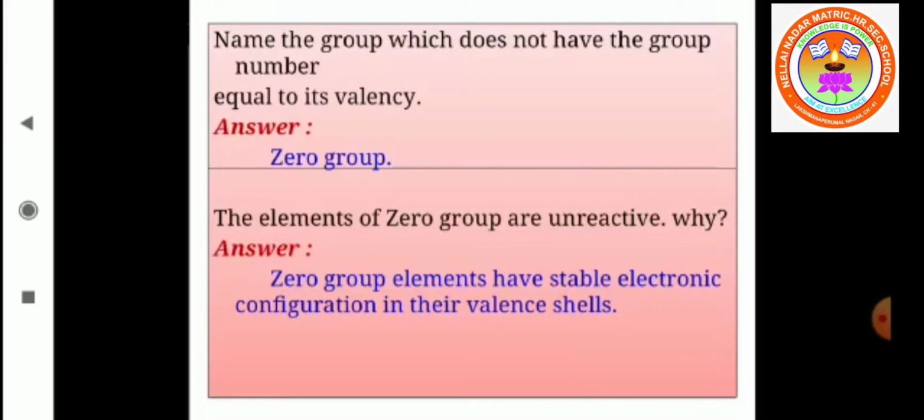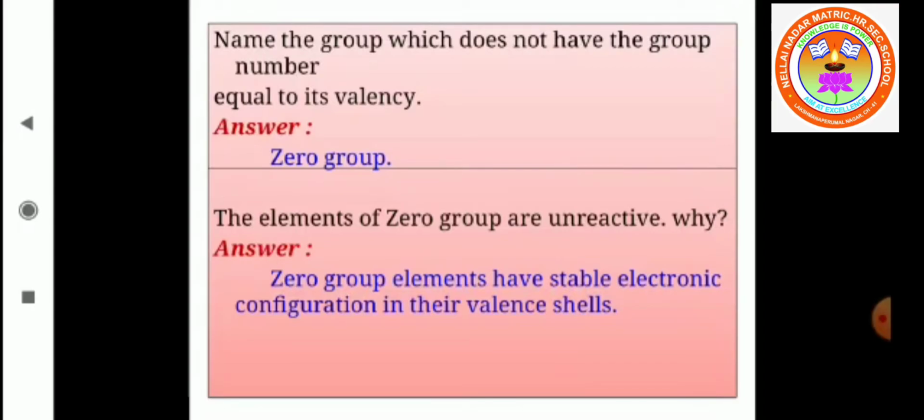See, previously when I was teaching, I told that the valency of the elements placed in a group is equal to its group number. But here is an exception. In one group, the group number is not similar to the valency of the elements placed under that group. Find out that group.